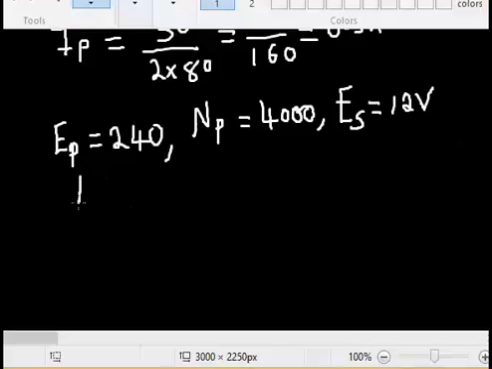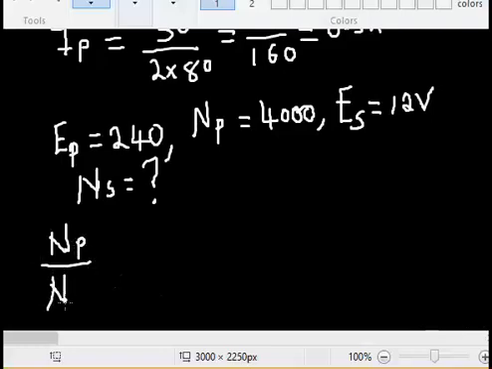So I'm looking for NS. All right, so of course the same formula, NP all over NS. You can start with NS all over NP, but there must be proportionality on both sides of the equation.